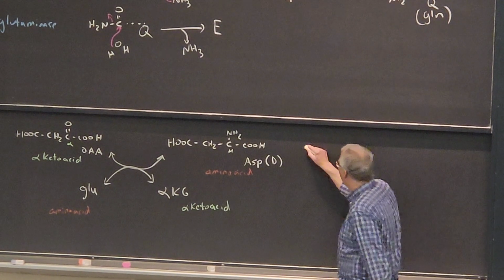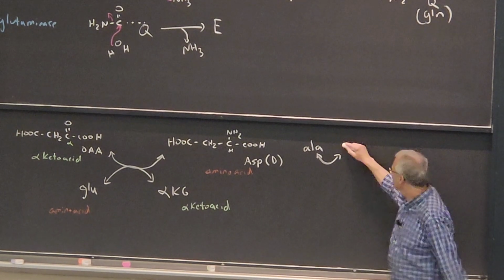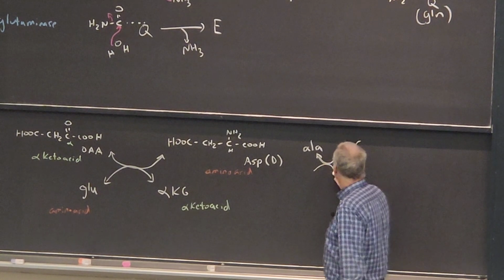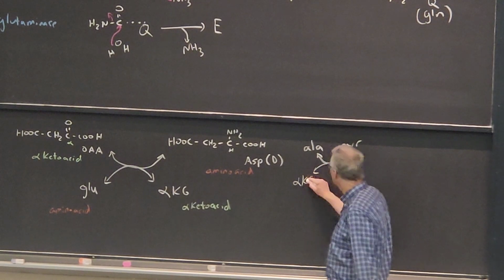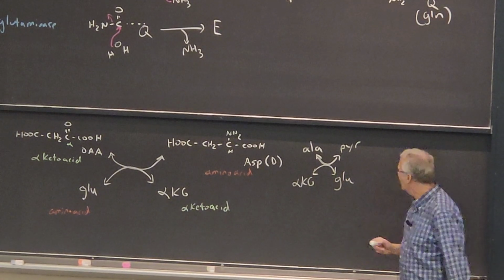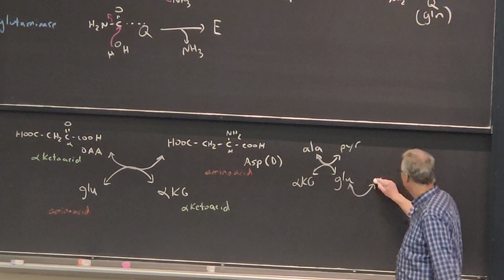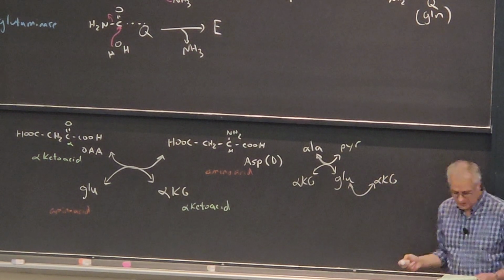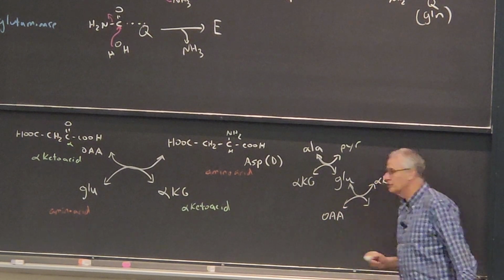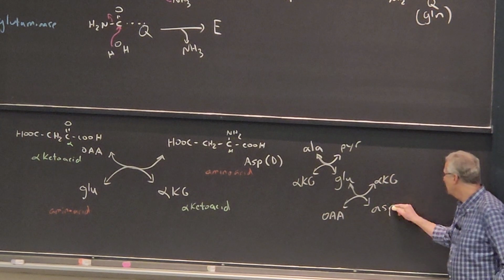Okay? So if I have alanine, the amino acid, and turn it into pyruvate, the alpha keto acid, to do that, I give the nitrogen to alpha ketoglutarate and make glutamate. Now I have pyruvate. That glutamate I can use and go to alpha ketoglutarate by giving nitrogen to another alpha keto acid like oxaloacetate and make aspartate.